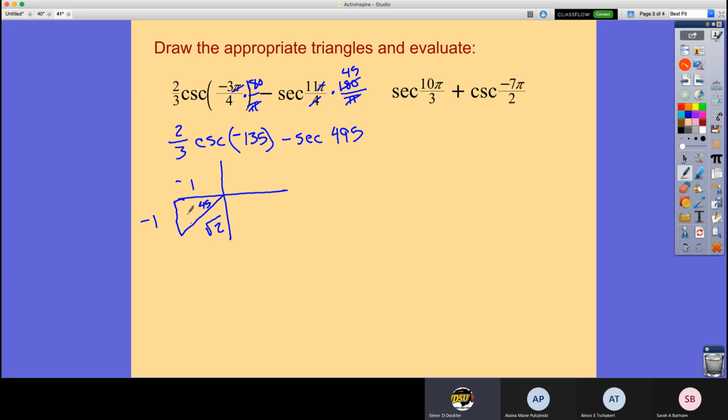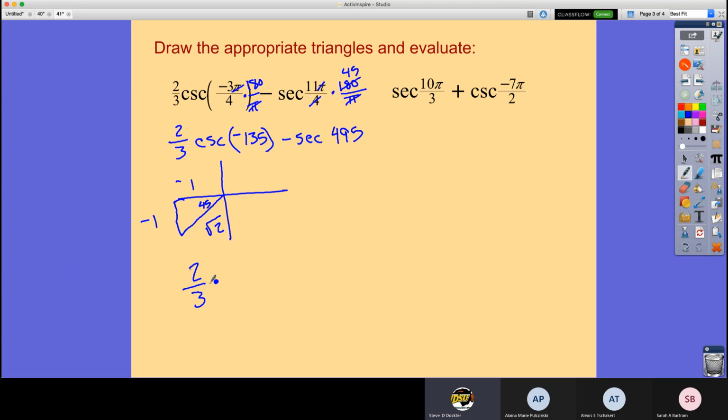Okay. Now, so we've got our triangle drawn, right. What we know for sure is this 2/3 is going to come down, and then we've got to figure out what the fraction is here. Cosecant works with sine, so that would be 1 over the square root of 2, except we want to flip that.